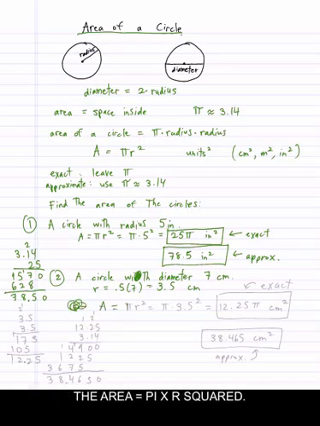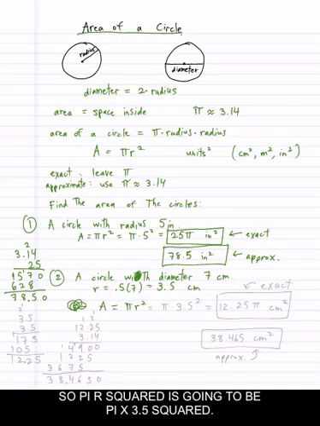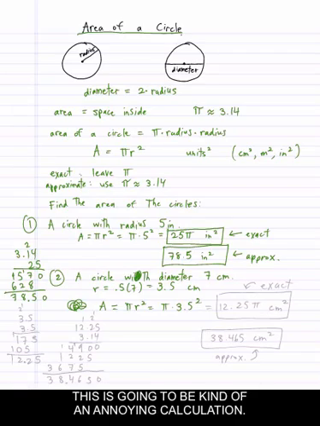Now that we have the radius, we can use it to find the area. The area is equal to pi times r squared. So pi r squared is going to be pi times 3.5 squared. This is going to be kind of an annoying calculation.